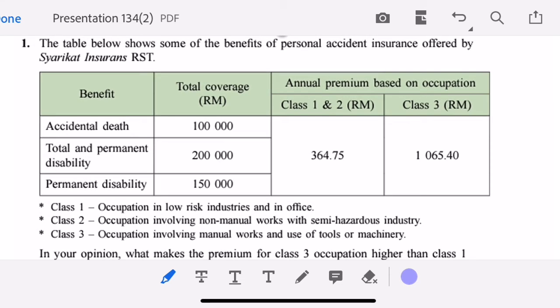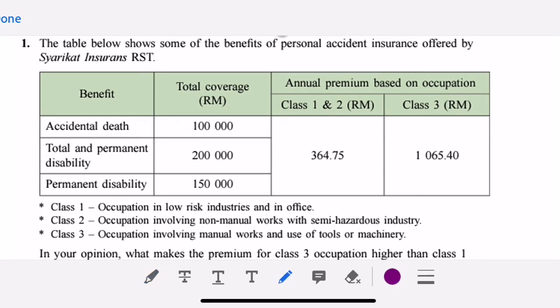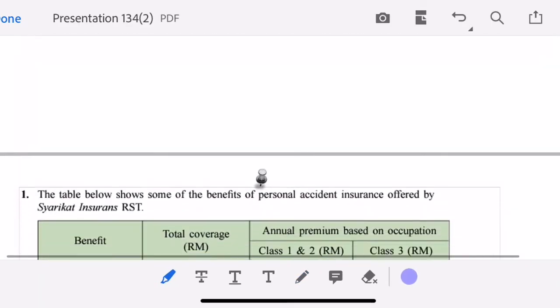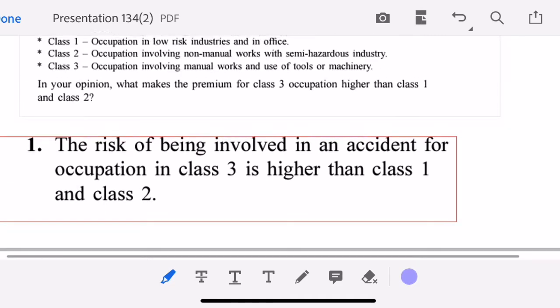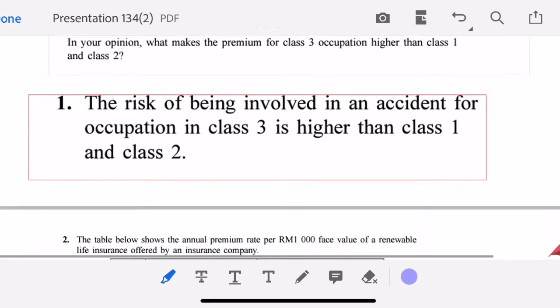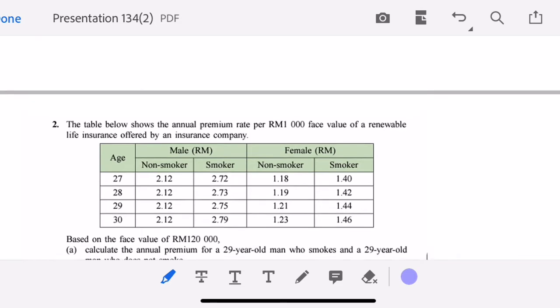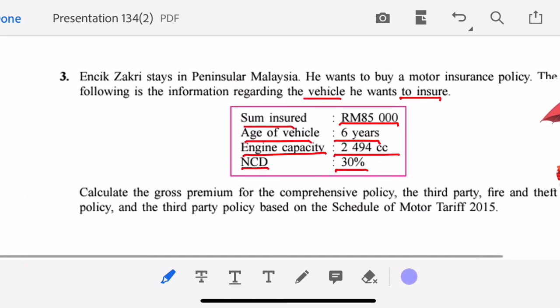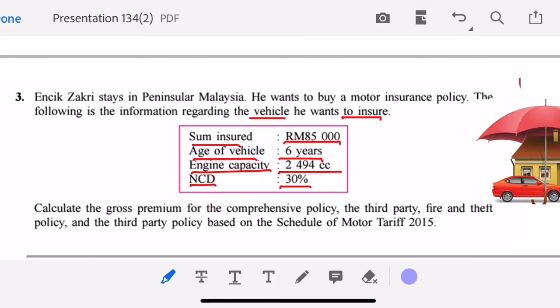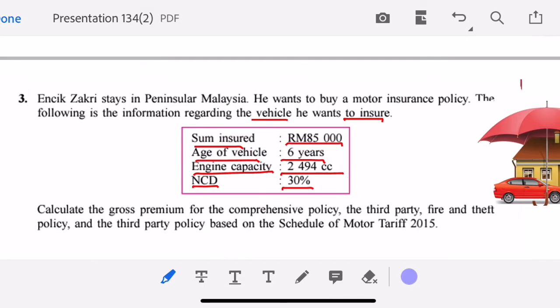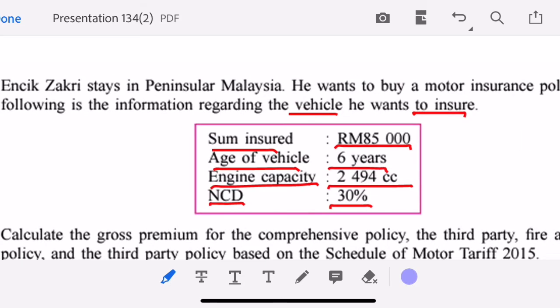The life insurance I discussed in one of my videos, so I don't have to go through it again. For today's main concern, I would like to discuss the motor insurance. Okay, calculation for motor insurance.